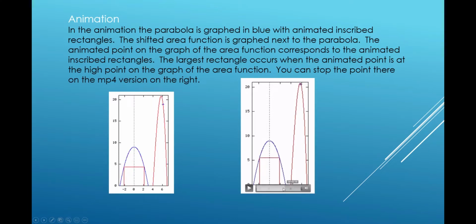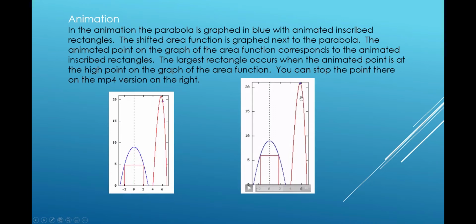Actually, you can click in here also and get the point to correspond to where you're clicking. So I've got it clicked there, just about the high point on the graph of the function up here. It may not have clicked perfectly, but that's probably better. Okay, so that looks pretty good.